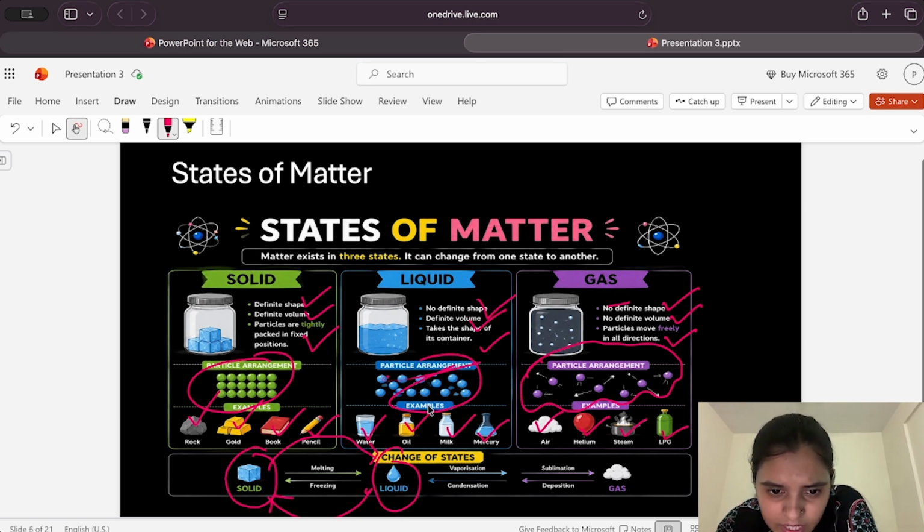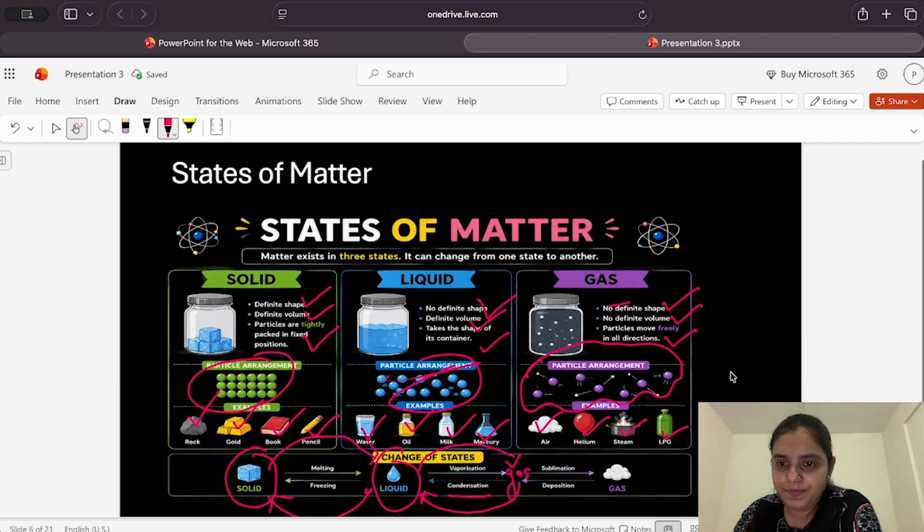If liquid is converted into gas, this process is called vaporization. And if gas is converted into liquid, then this process is called condensation.